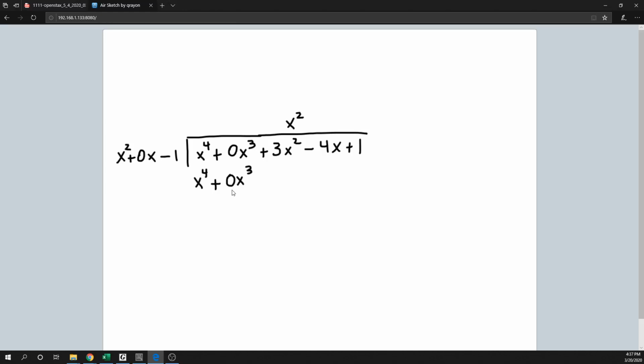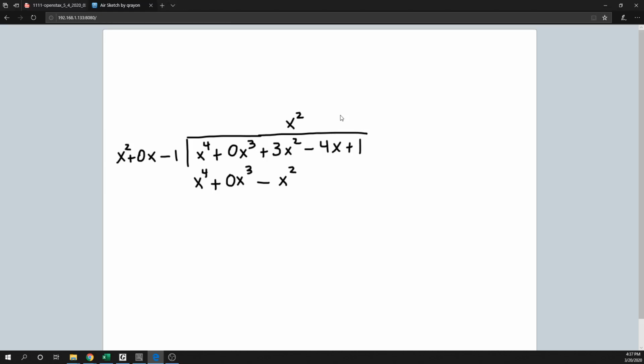But in long division, to me, it helps to keep those zeros there, again, to kind of keep everything lined up nice and neatly. All right, so next up, I would multiply x squared times minus 1 here. So I get minus x squared. Okay.